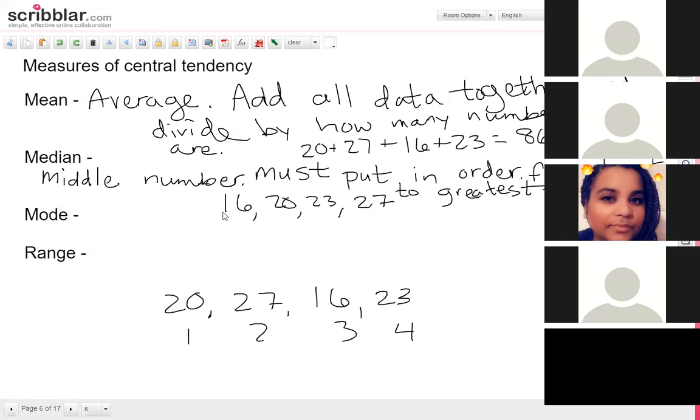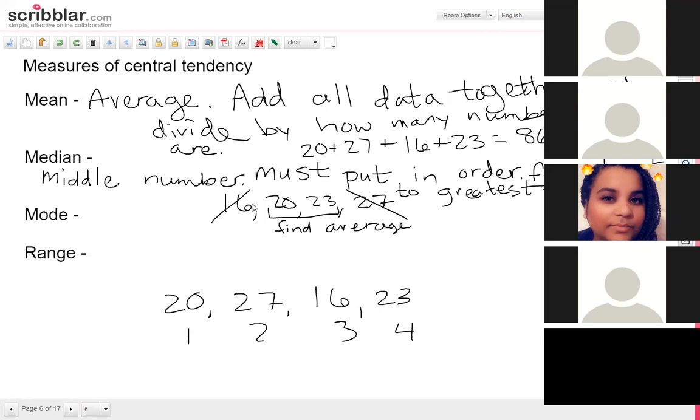So when we have 4 numbers or any even amount of numbers, there's no one middle number. If we cancel out the first and the last, there's 2 numbers here in the middle. So when that happens, we actually have to find the average of those 2 numbers.